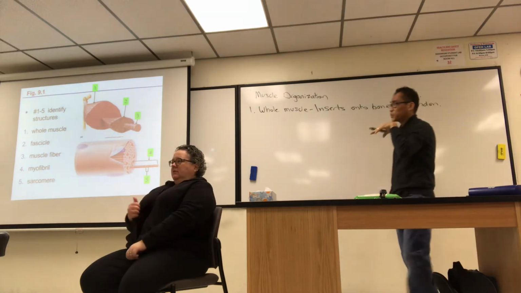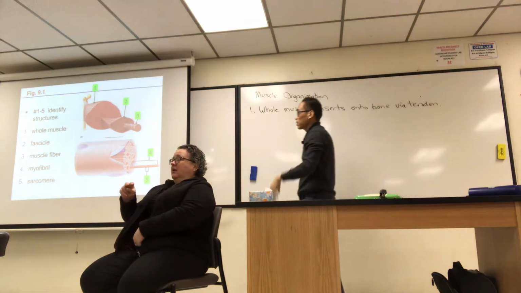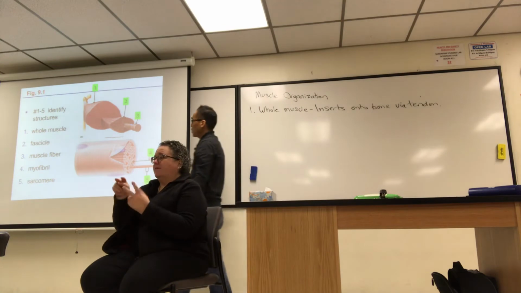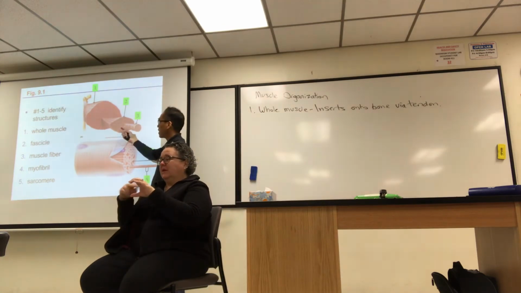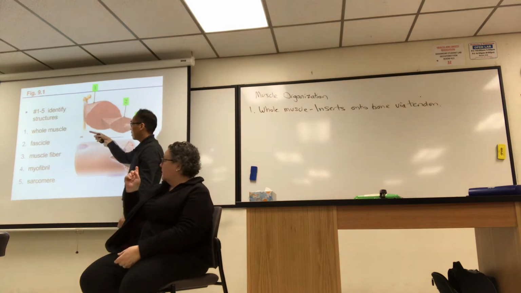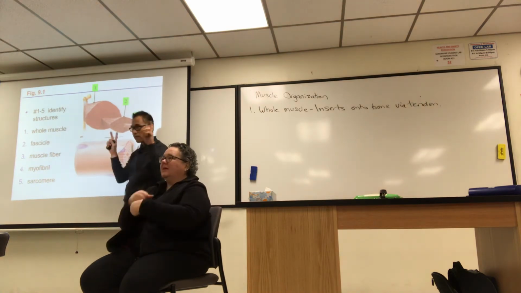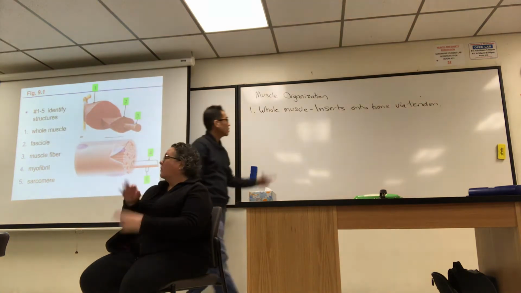If you look at the cross-sectional view and you pull out all the parts, one of the subunits is this level here, it's the fascicle. So what we see is that a whole muscle is composed of many what are called fascicles.